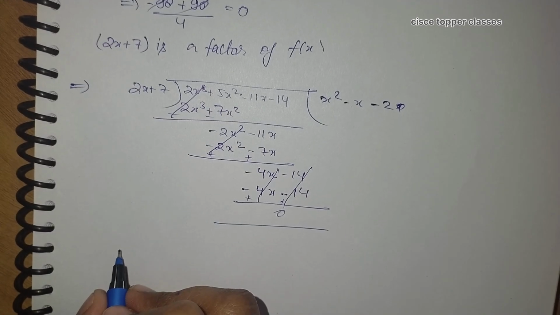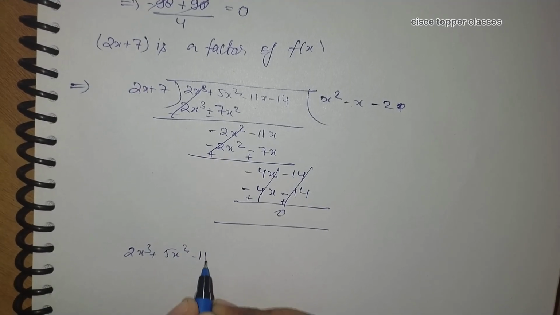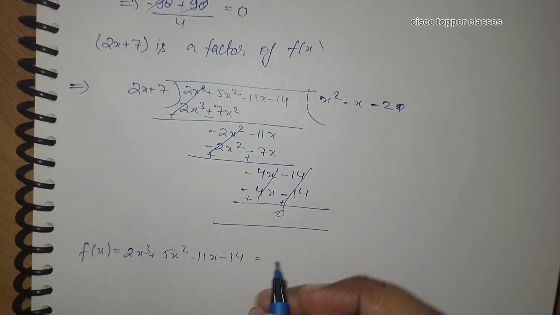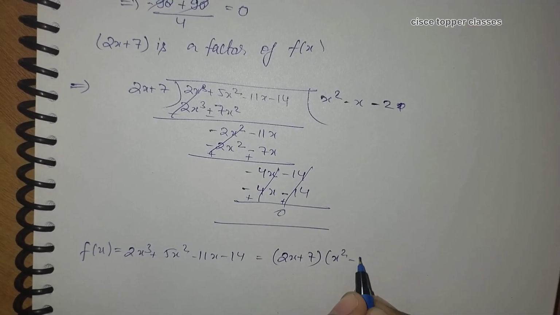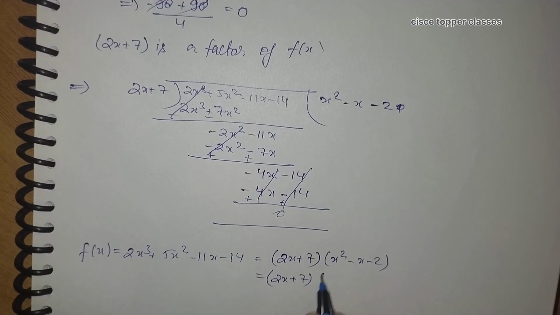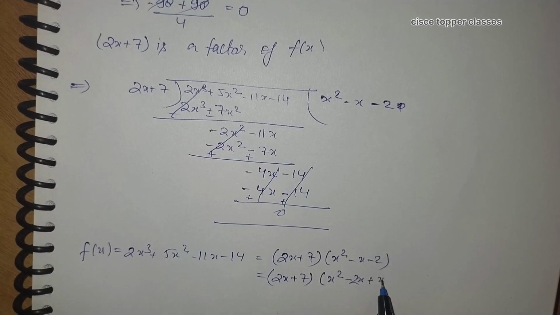And factorizing this again, we will get 2x cube plus 5x square minus 11x minus 14. This is the f(x) here, and it will become 2x plus 7 into x square minus x minus 2. Here x square minus 2x plus x minus 2.